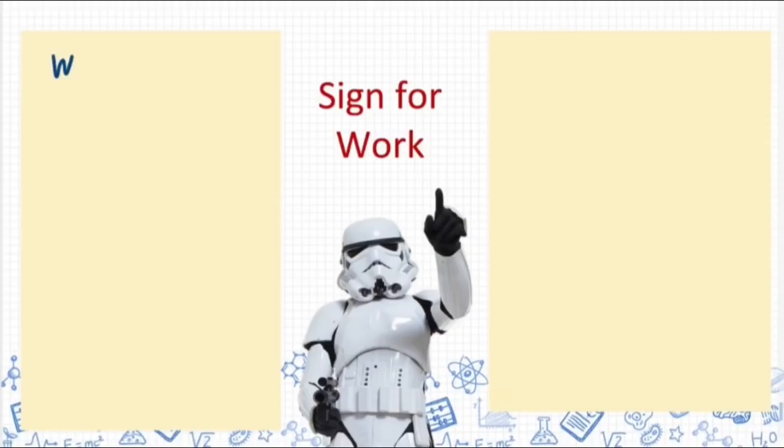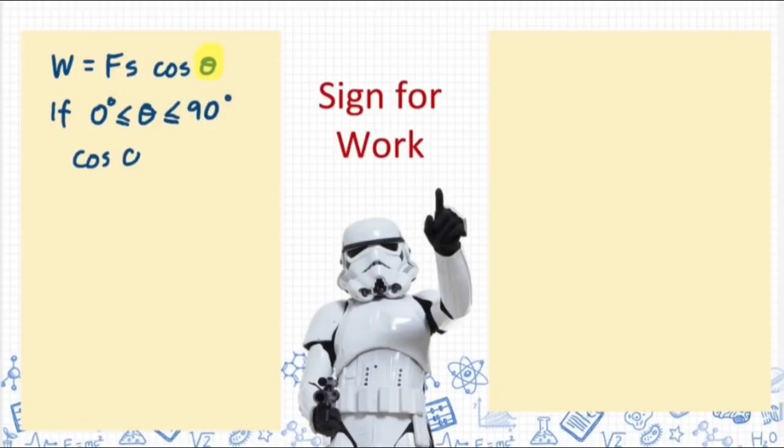Okay, now we will look at the sign for work. So we know that W is equal to Fs cos theta. If the angle between F and s is between 0 and 90 degrees, if we find cos theta, what we will find is that the value of cos theta will be more than 0. And this will give us a positive value.